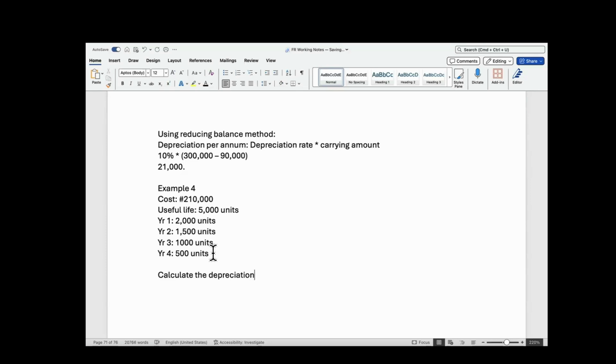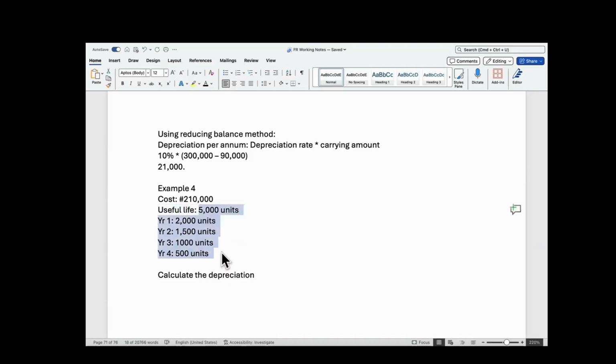The resulting method of allocation is based on the pattern of usage. I'm giving you this example to make you understand that depreciation is really calculated based on how you use the asset. That should determine how much you allocate of the cost. If you can easily know this pattern, this is the best.